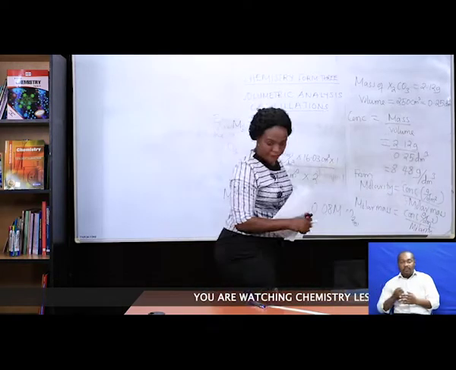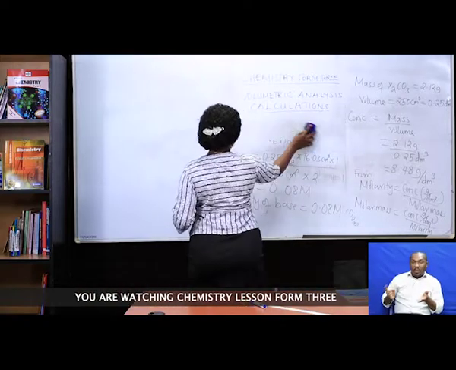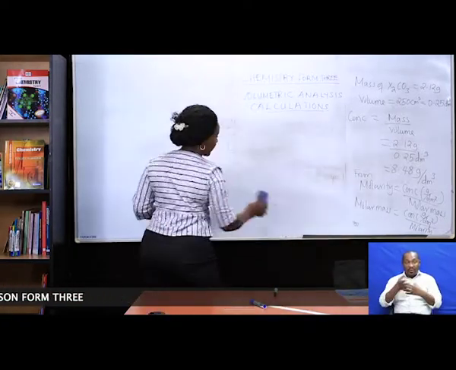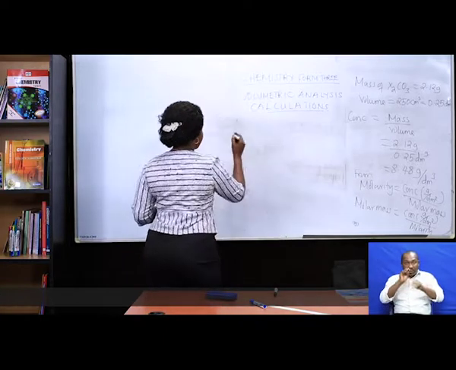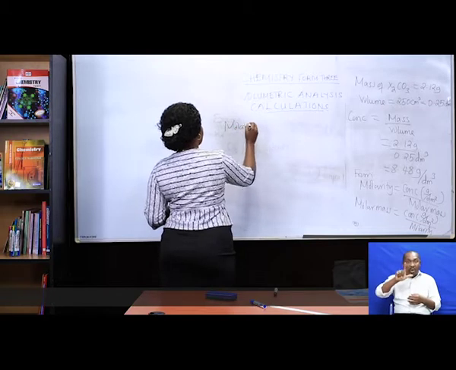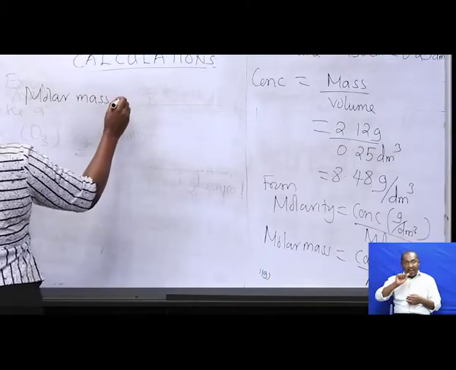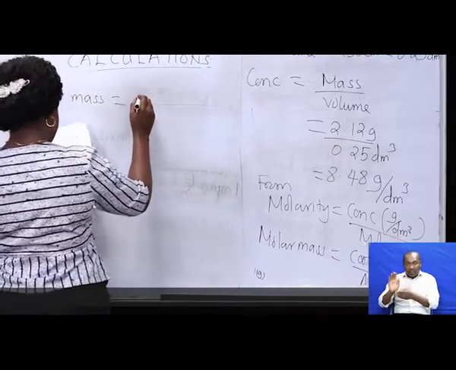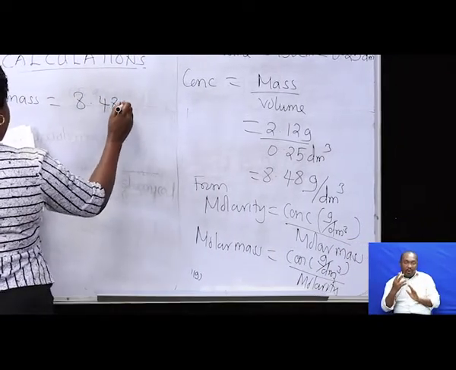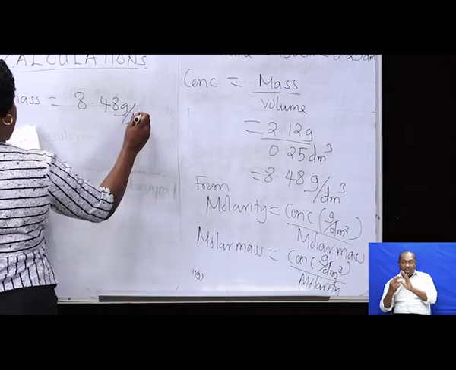So now you have everything. What you're supposed to do is to plug in the numbers. Then what is next? So molar mass is equal to concentration. It was 8.48 gram per cubic decimeter.